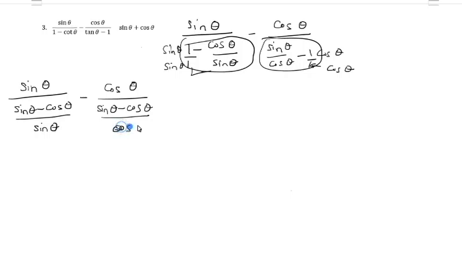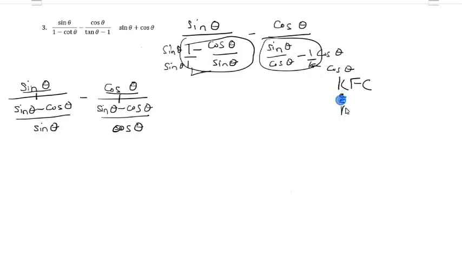Cosine. All right. Now you've got to remember, how do you divide a number by a fraction, right? Because you have a numerator here, and then you're dividing by a fraction. So remember that this is the same thing as sine over 1 and cosine over 1. Employ KFC.